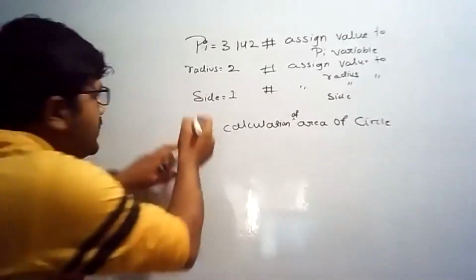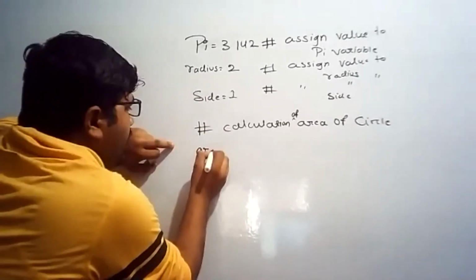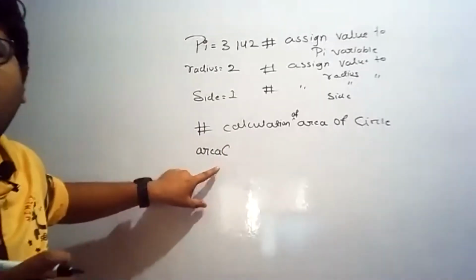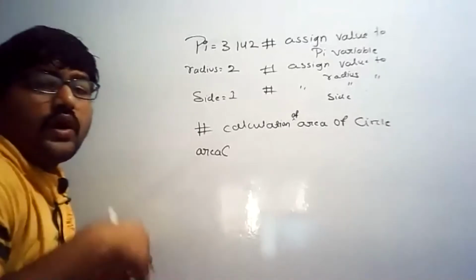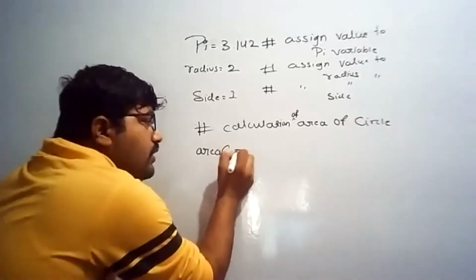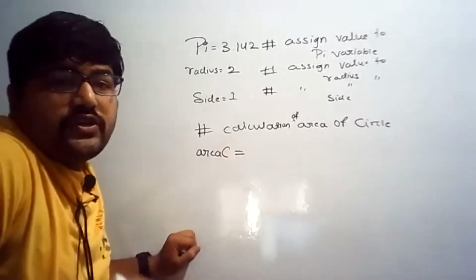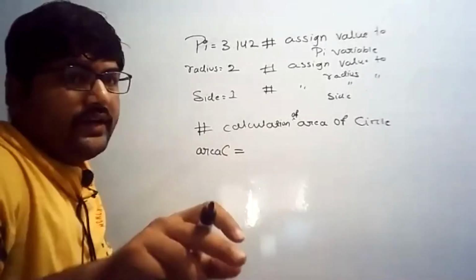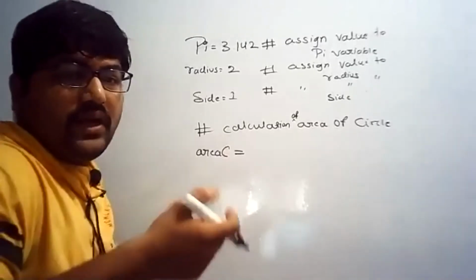After this, write down area of C. Area of C, that is area of circle, it is a variable. What I am storing here is equal to an expression, formed by the variables plus operators. This is going to frame the expression.